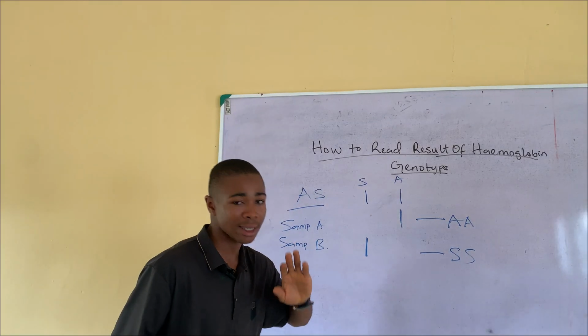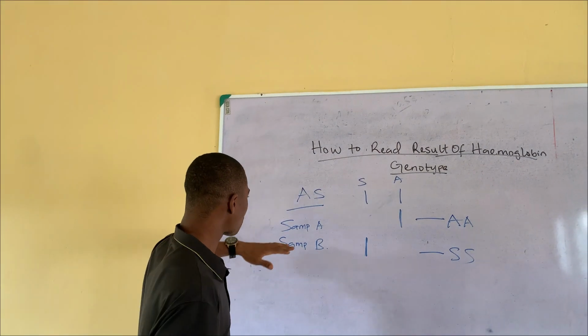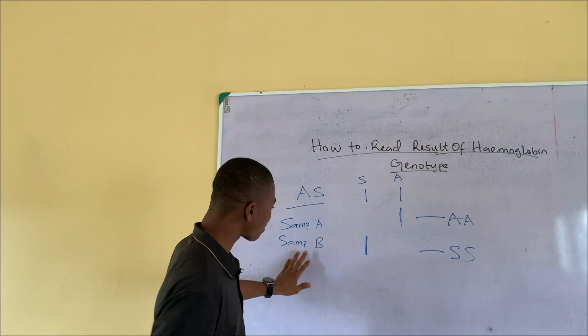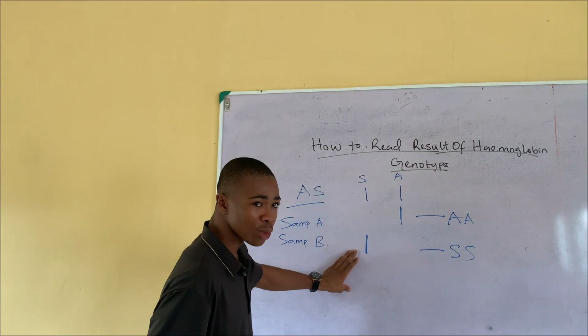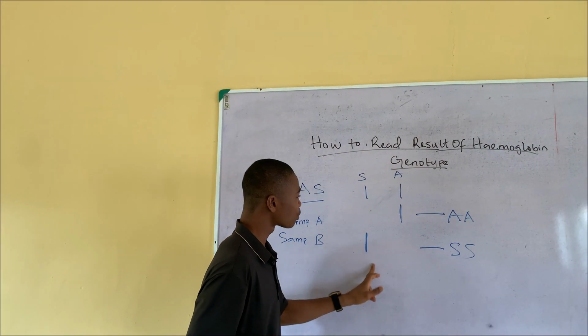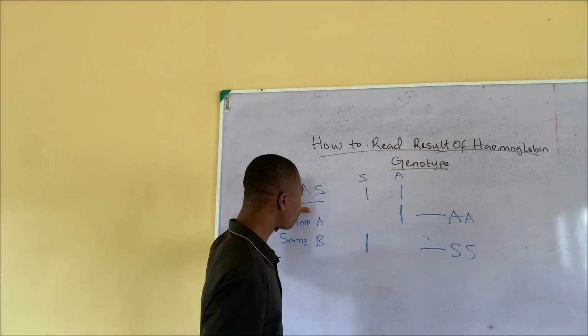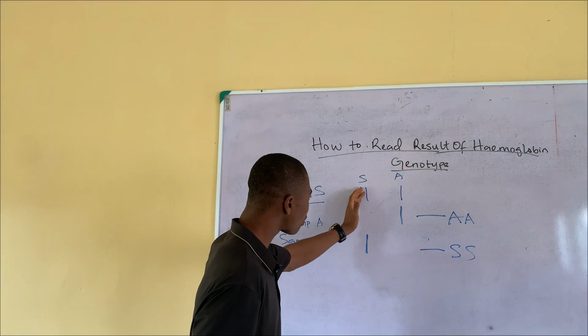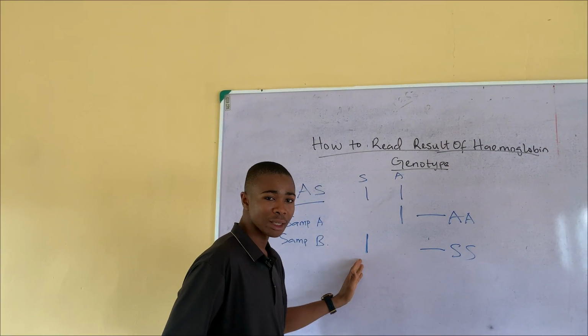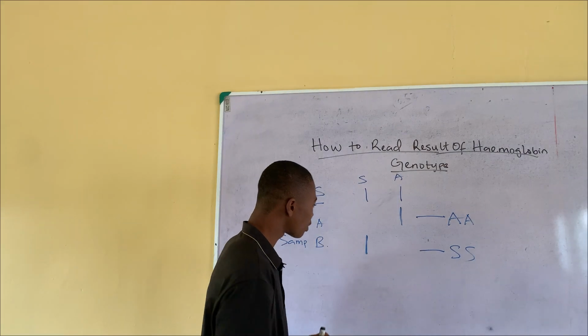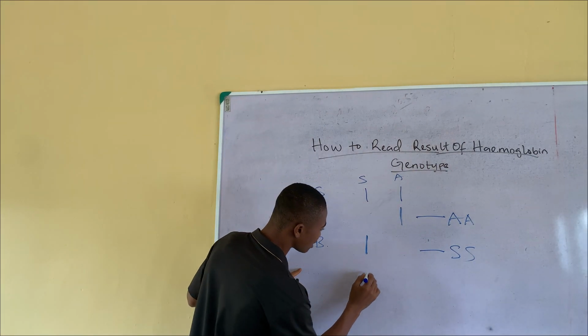I've explained that in my previous video. So we have sample B, and the migration has a thicker band on S. So why we're using a control is so that we can compare where each sample falls.